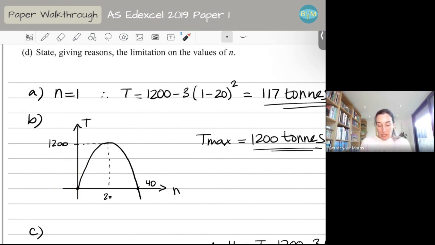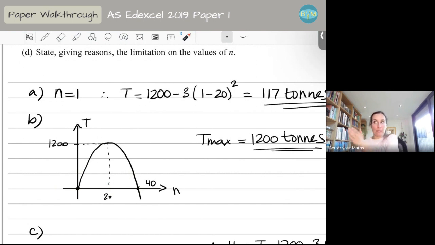And then if you see what happens with the graph after 20 years, and you think that this is the cumulative number of tons, after 20, this starts to decrease. It's not the amount that you do every year, it's the cumulative amount.